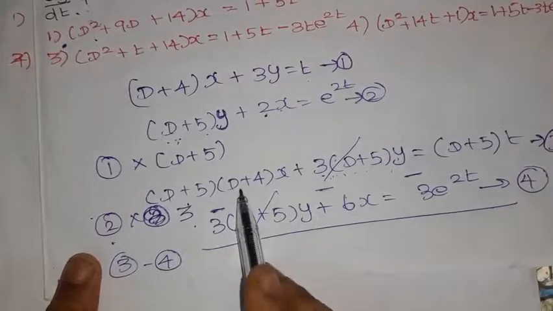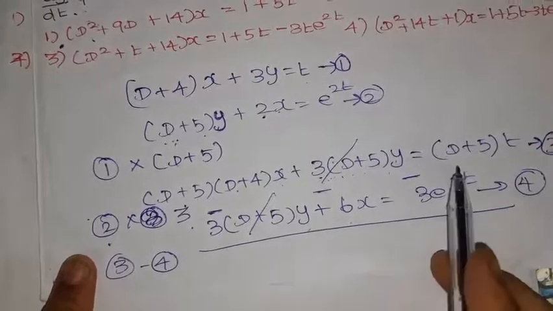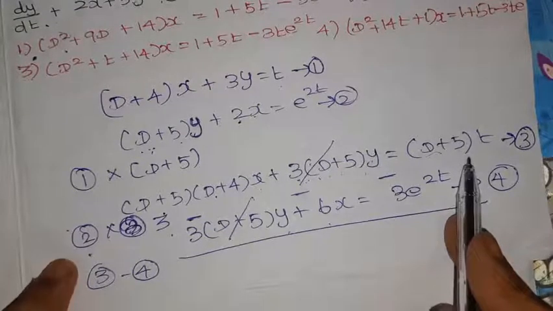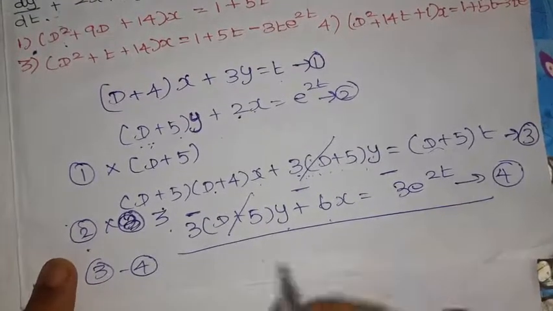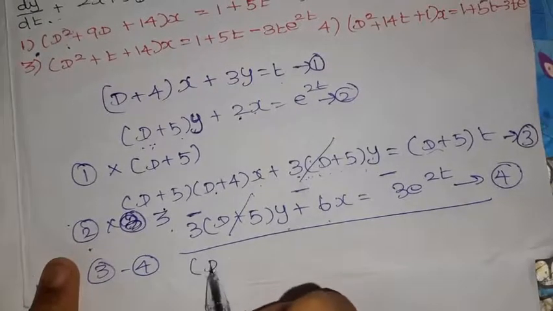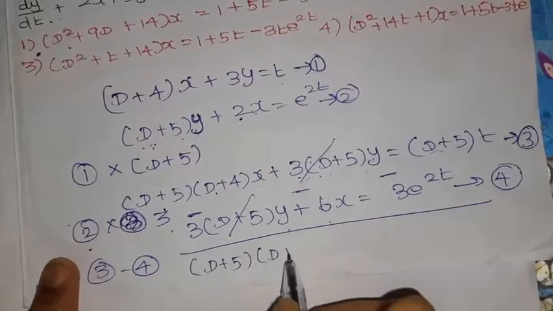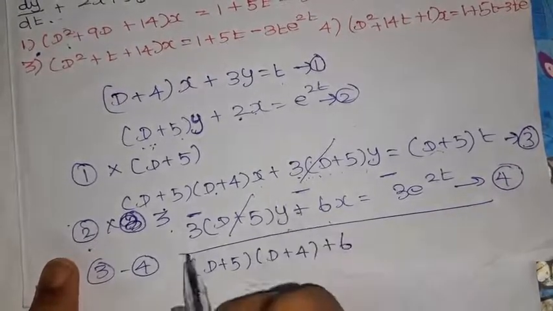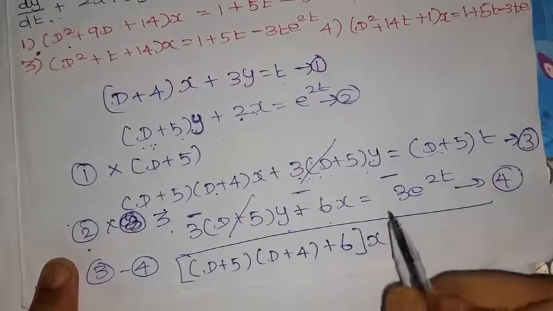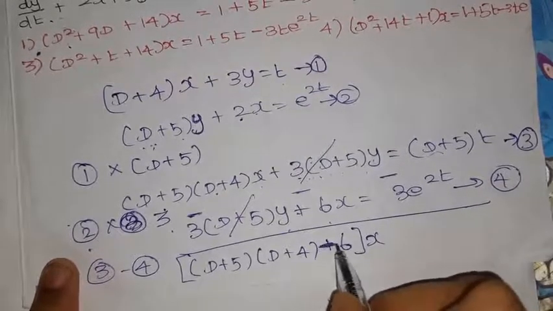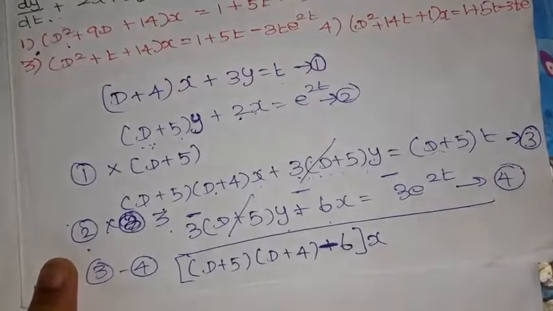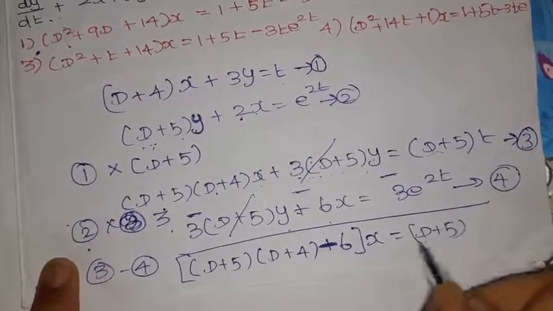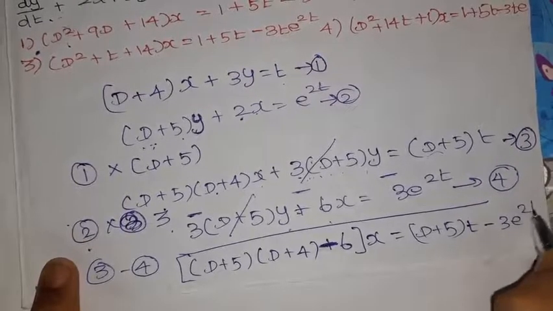(D plus 5)(D plus 4) into x minus 6x equal to (D plus 5) into t minus 3 e power 2t.